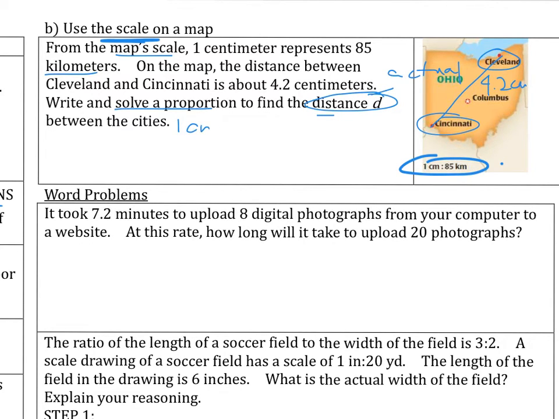So 1 centimeter to 85 kilometers. I'm going to set that equal to 4.2 centimeters because this is the distance on the map. And we want to find the actual distance.